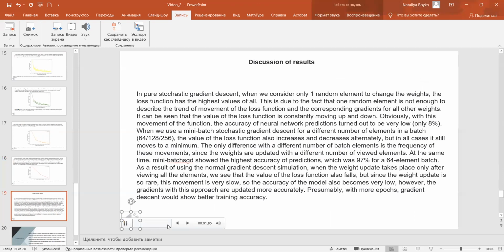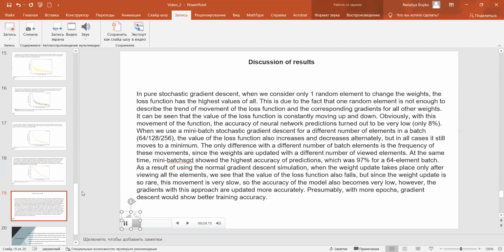Discussion of results. In pure stochastic gradient descent, when we consider only one random element to change the weights, the loss function has the highest values of all. This is due to the fact that one random element is not enough to describe the trend of movement of the loss function and the corresponding gradients for all other weights.